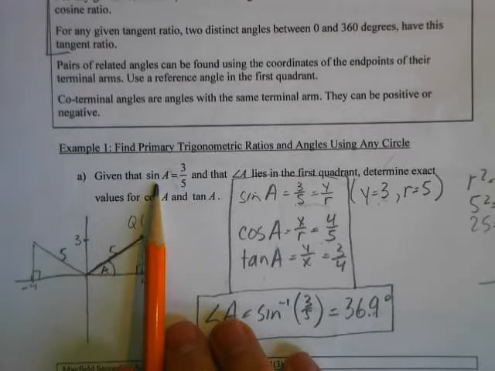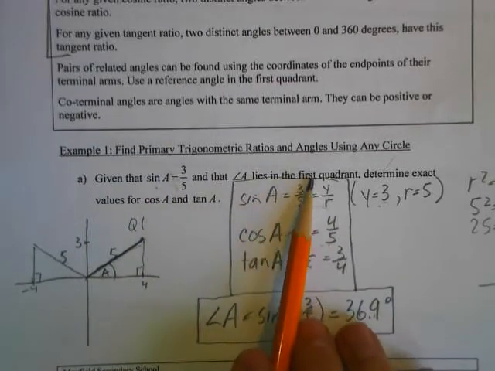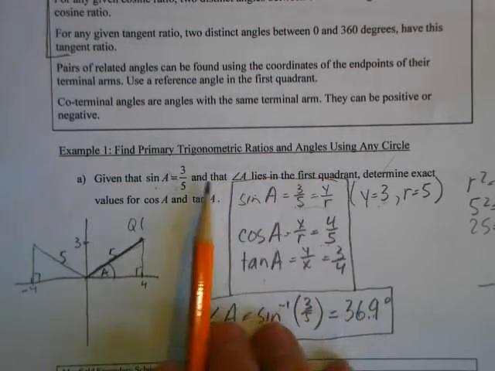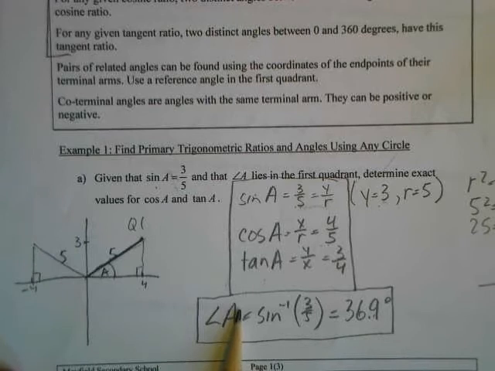There's always three ratios. So if I give you one, you should be able to give me the other two if I tell you which quadrant that angle lies in. If I don't tell you, then there's two possible angles that can result.